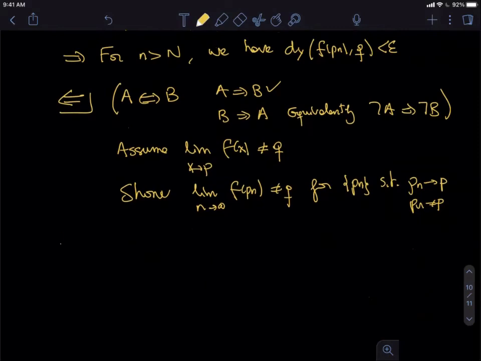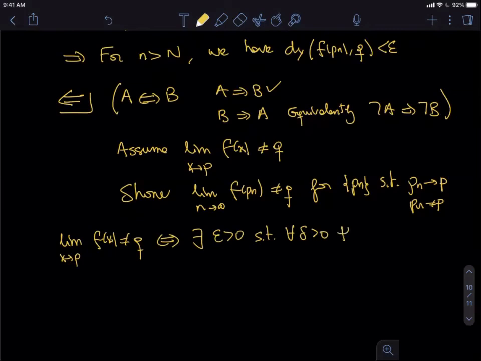Okay, so with this assumption, let's show the second part. The limit as x tends to p of f of x different from q means that there exists some epsilon, because the definition says for every epsilon, so the negation is there exists some epsilon such that for every delta, this is the negation of there exists delta.